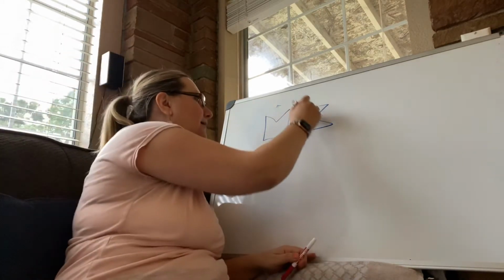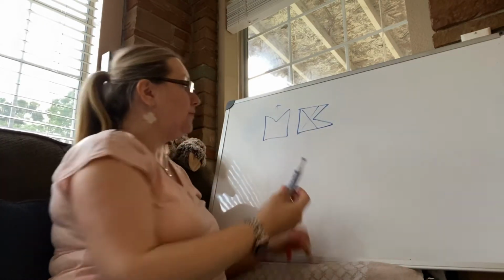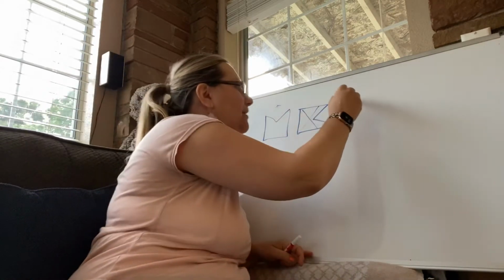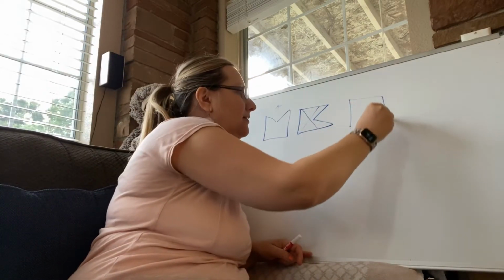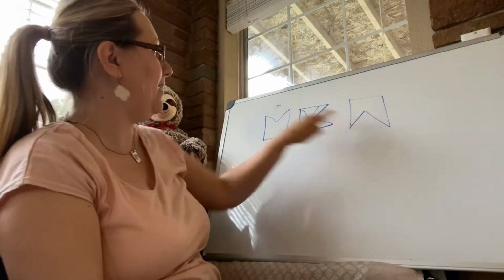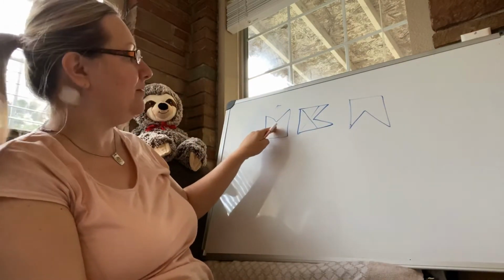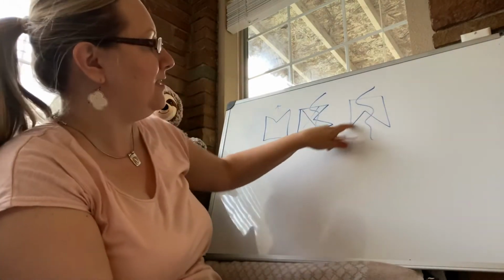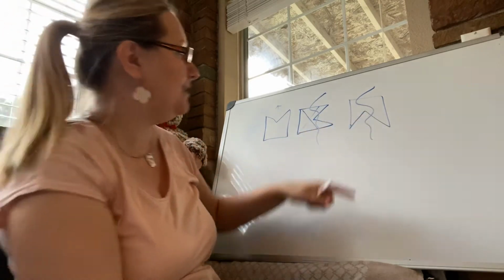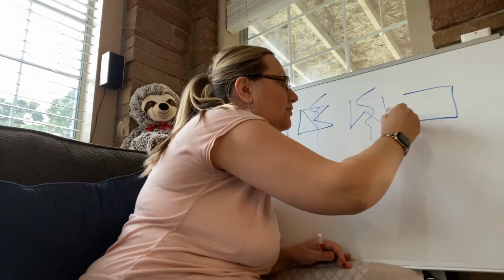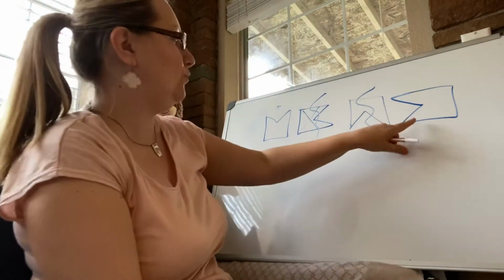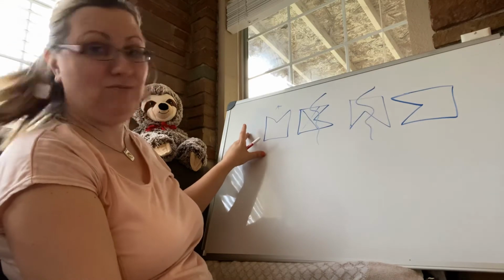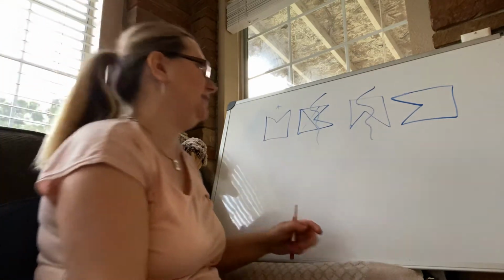No, it does not. What if we keep going and we turn it to where the top here, that V shape, is now pointing upside down? Does it match? Could it sit right on top of the first shape and look exactly the same? No, it did not. Now let's take that V shape and turn it again to where it goes this direction. Could I put it right on top of the first one and it would look exactly the same and cover it?